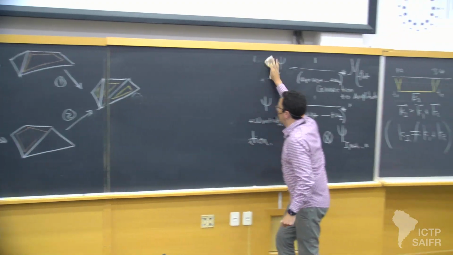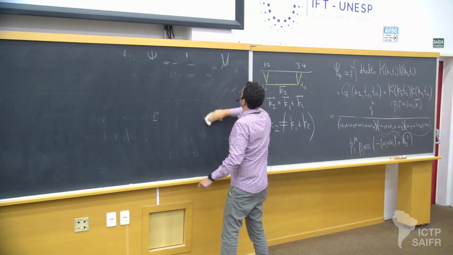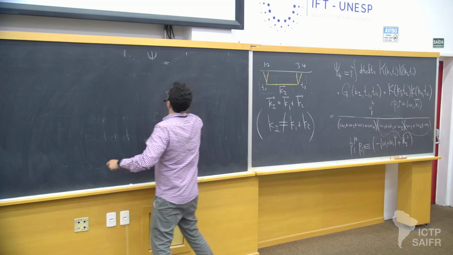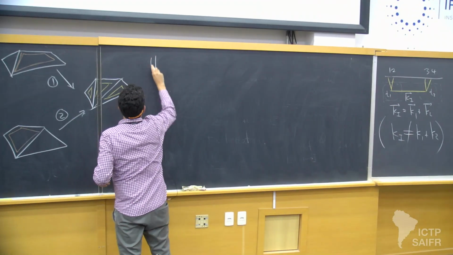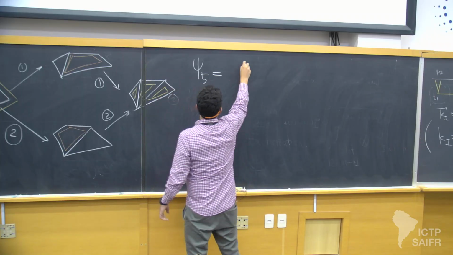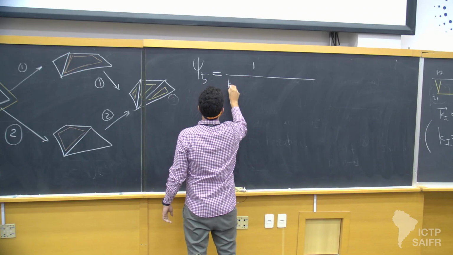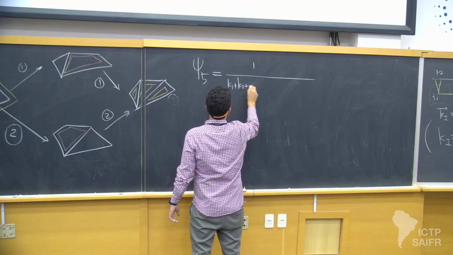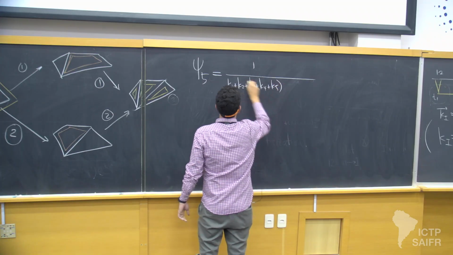Let's see. So psi 5 equals... The overall, so what's common to both of them? The overall perimeter is K1 plus K2 plus K3 plus K4 plus K5.